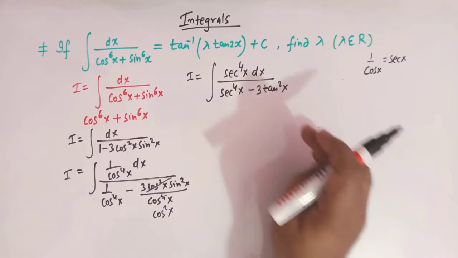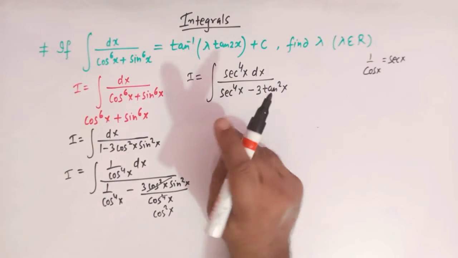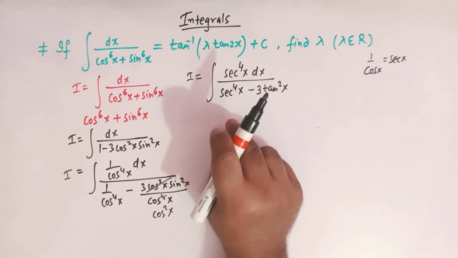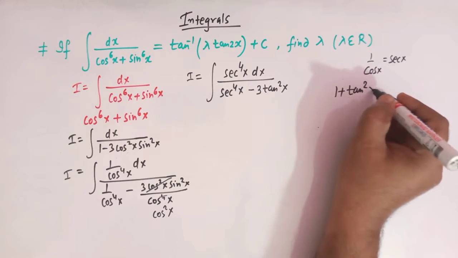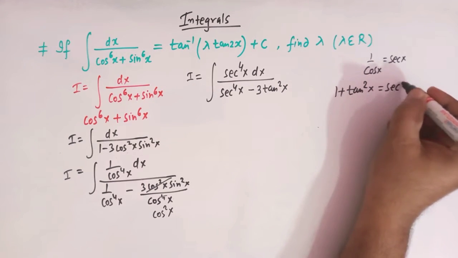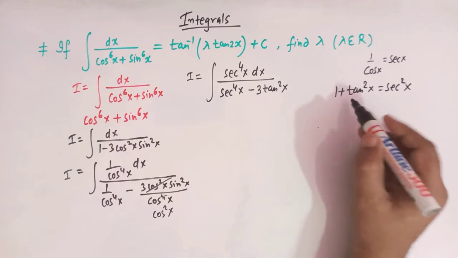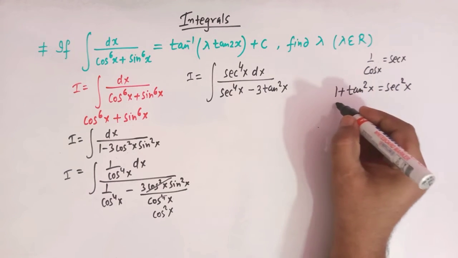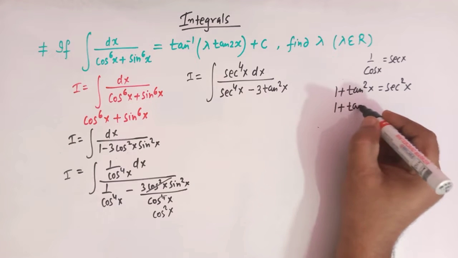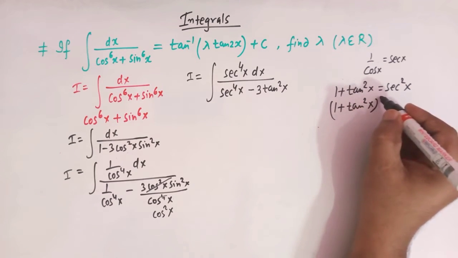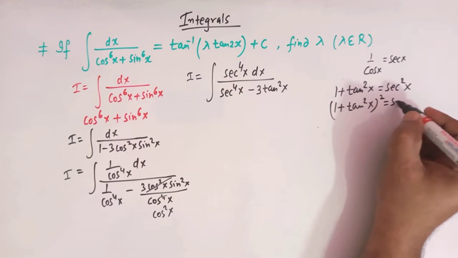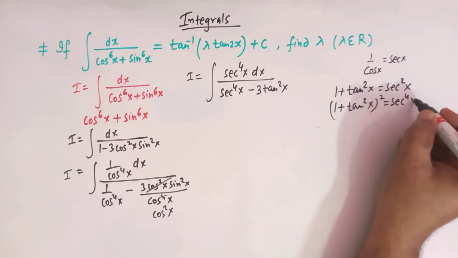At this step we'll make use of one important trigonometric identity: 1 plus tan square x is equal to secant square x. If we square both sides, we will have 1 plus tan square x whole square equal to sec raised to 4x.